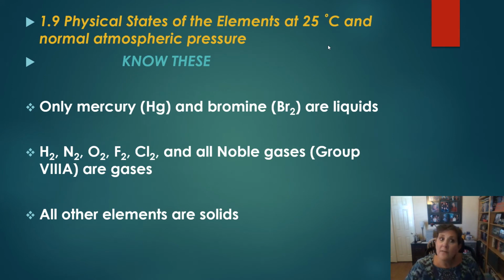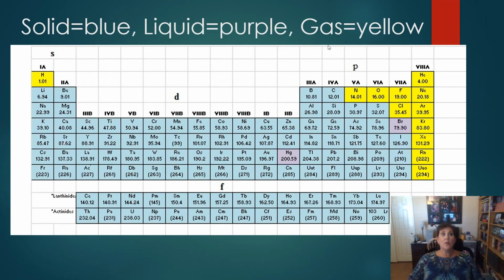So those are your gases. So what's everything else? Everything else is a solid. Don't memorize that. So memorize your 2 liquids, your few gases, and then if it's not one of those, it must be a solid.